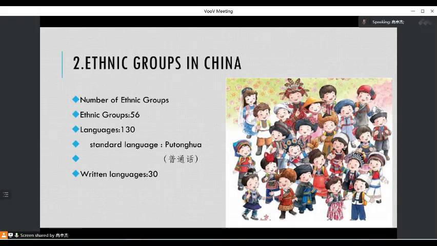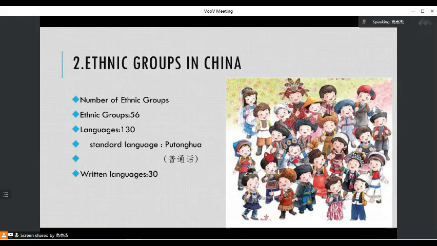Not only education, besides the exam, minorities have more rights in China. Mostly Han people can have one child, or one couple have one child. The minorities can have two or three children. And they have many choices.